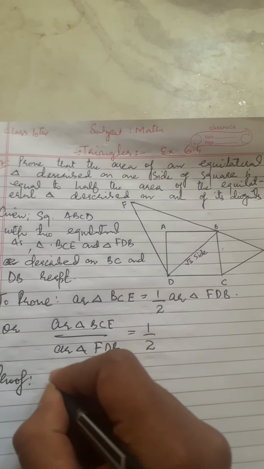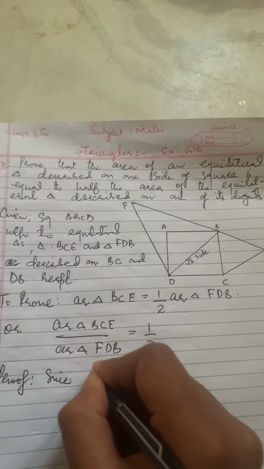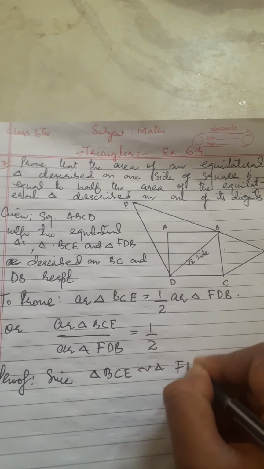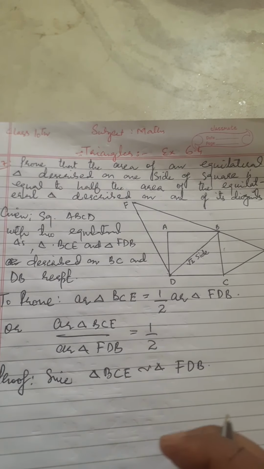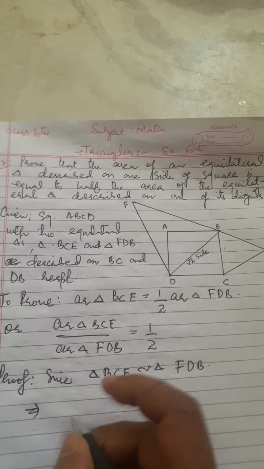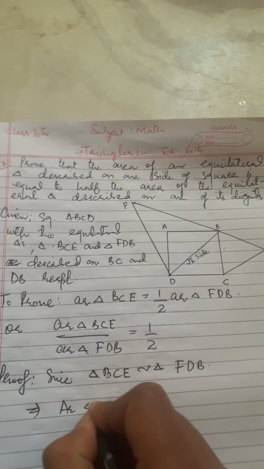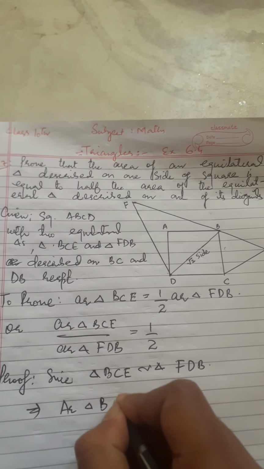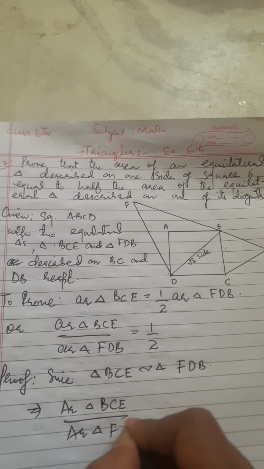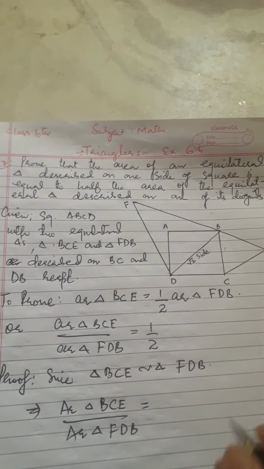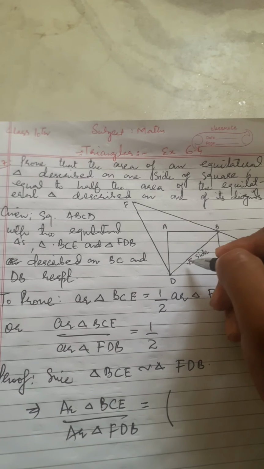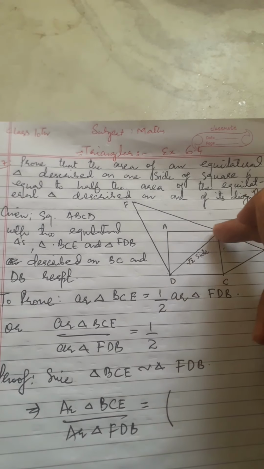सो वी रिपीट द सेम. सिंस ट्रायंगल BCE जो होगा वो सिमिलर होगा ट्रायंगल FDB को, क्योंकि बोथ आर इक्विलेटरल ट्रायंगल्स. सो वी यूज द थ्योरम इम्प्लाइज अगर दो ट्रायंगल सिमिलर है तो एरिया ऑफ ट्रायंगल BCE और एरिया ऑफ ट्रायंगल FDB होगा इक्वल टू the square of the ratio of the sides of both triangles.